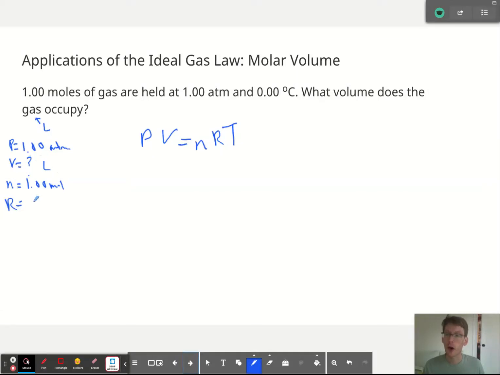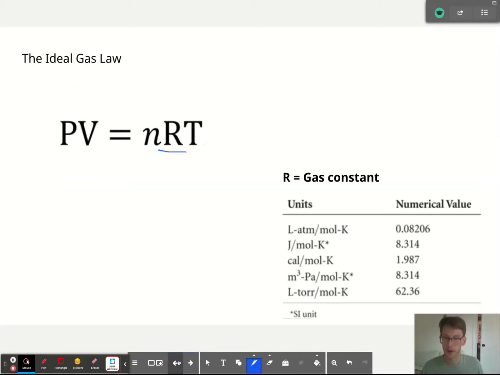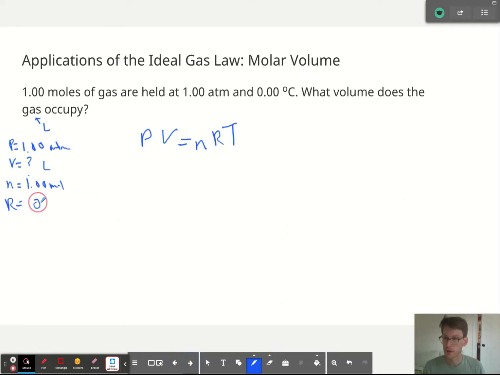For our R, we're going to need atmospheres for pressure and liters for volume. When I go back here, I find liters atmospheres per Kelvin mole. Our value of R is going to be 0.08206 liters atmospheres per Kelvin mole.